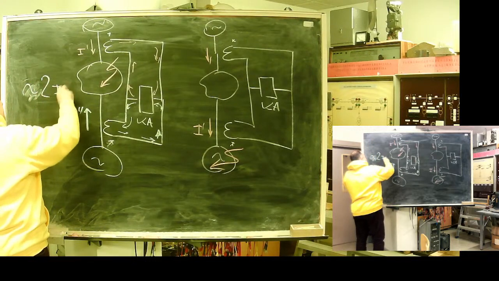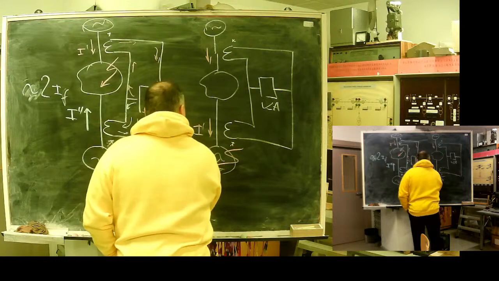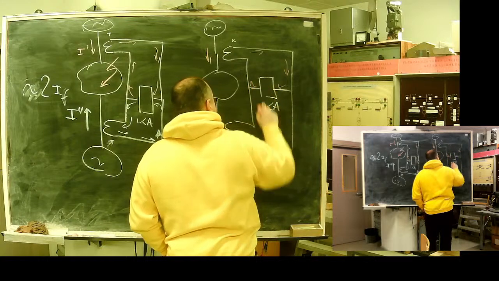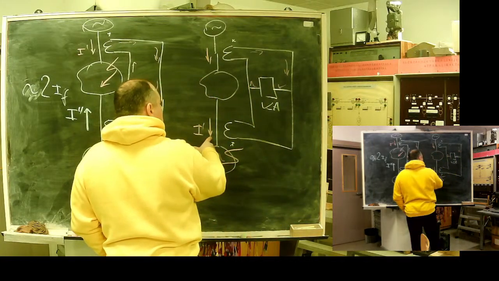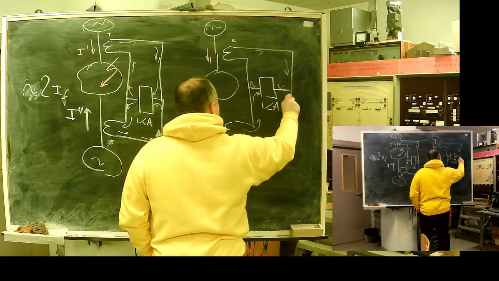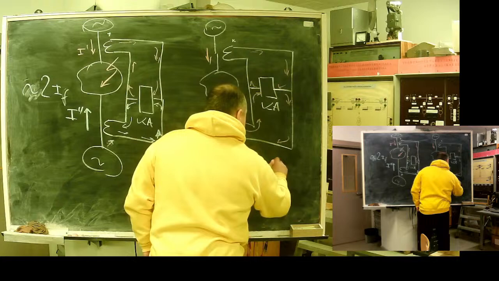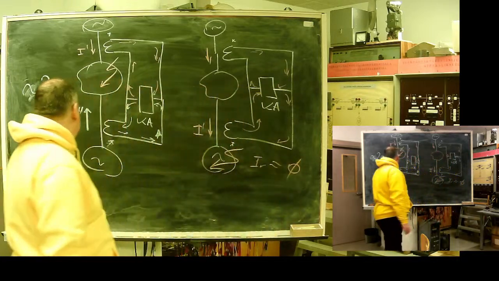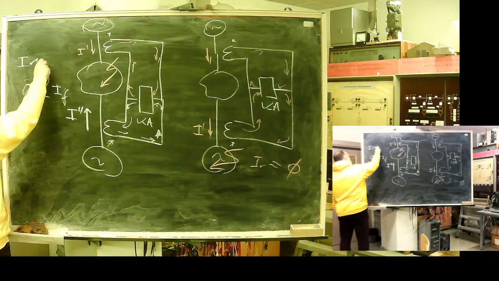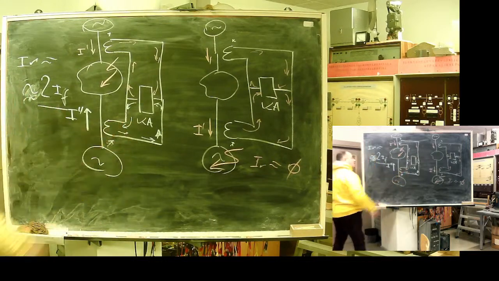Approximately double the fault current. What will be the current through here? One. And what about this one? The current is approximately 0.